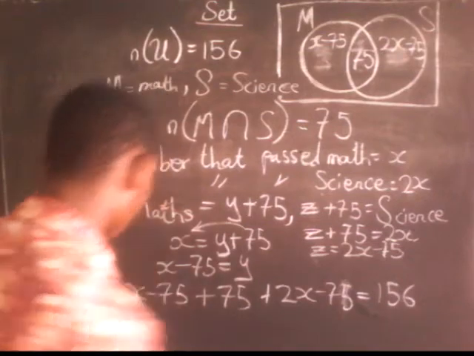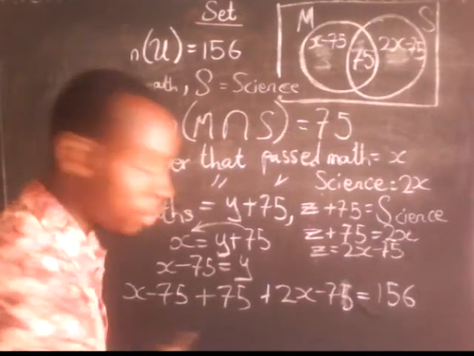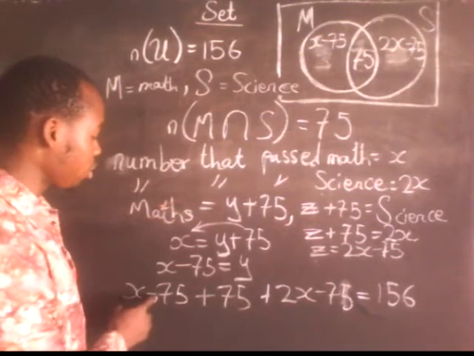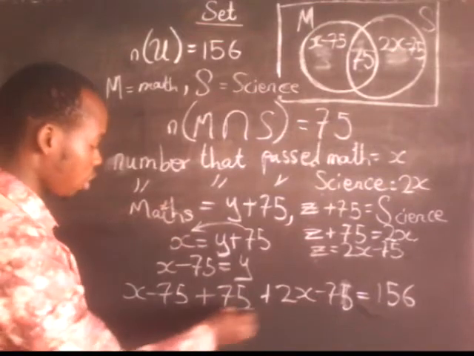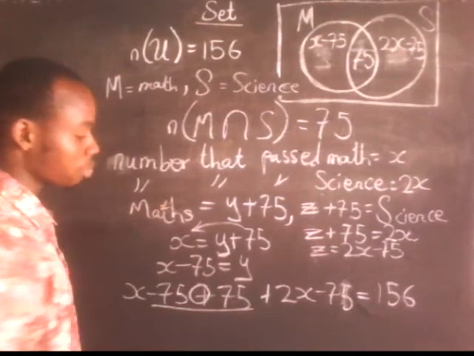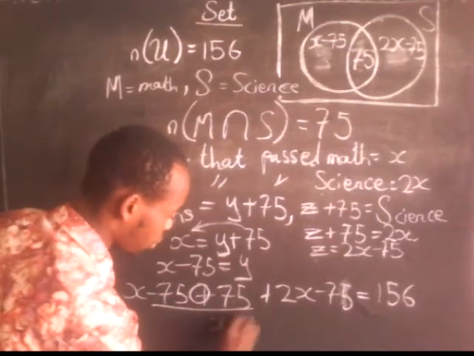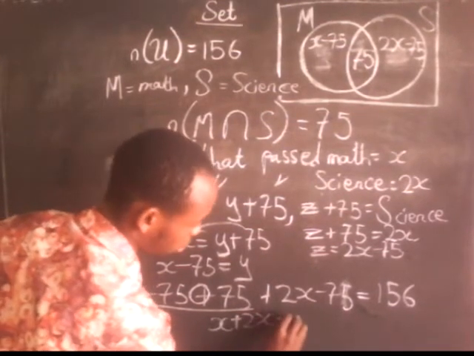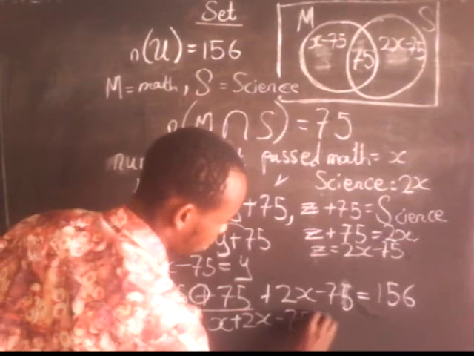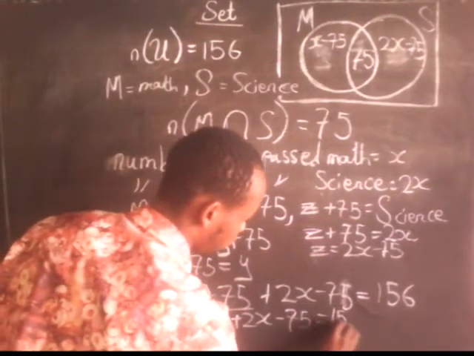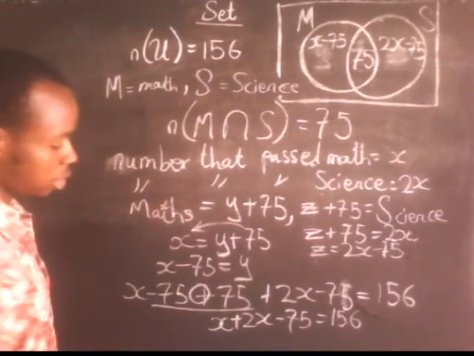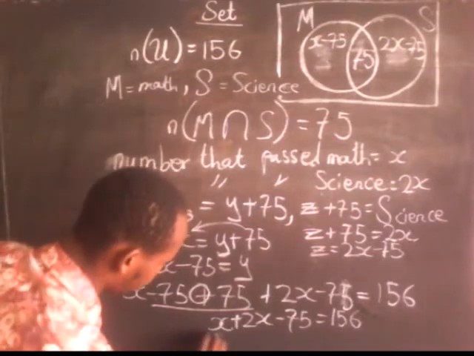X. Watch what I do now. This is minus 75 and this is plus 75. Minus 75 plus 75 gives us 0. So I will be left with x plus 2x minus 75 equals 156. X plus 2x gives me 3x.